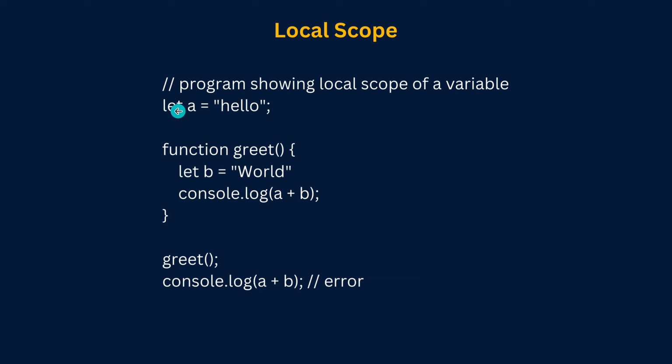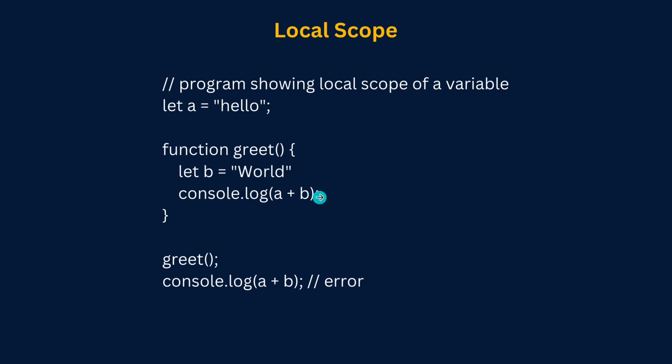The reason is, let us see. Here let a equal to hello, then I have a function, let b equal to world. Then I'm typing console.log a plus b. Will this work or not?